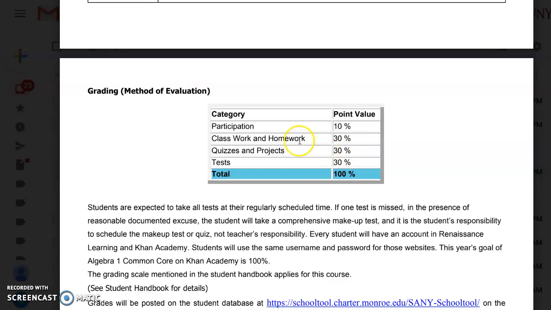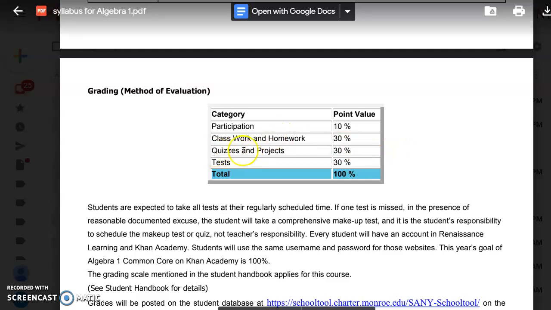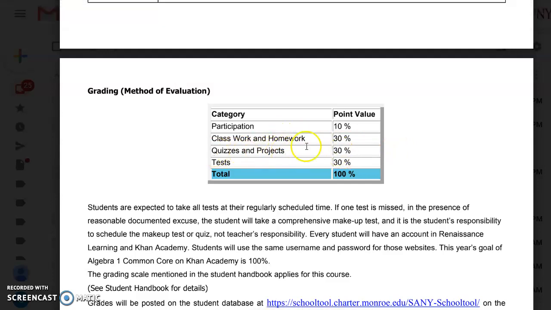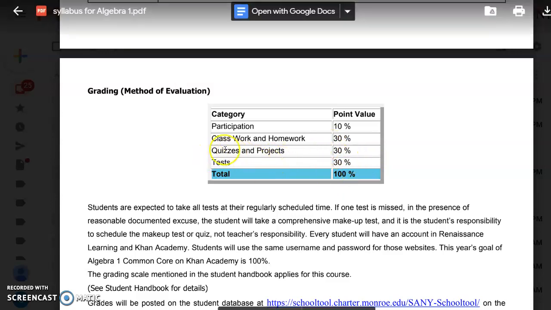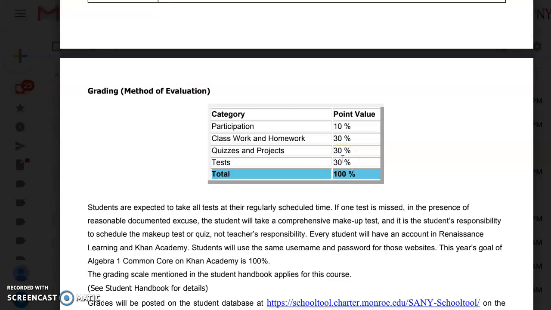Then quizzes and projects: if the teacher gives only one quiz or only one project for the semester, that's 30%. If the teacher gives three projects and three quizzes, there are six components here, so each one of those projects and quizzes becomes 30 divided by 6, which is 5%. All the quizzes and projects together make 30%. And the tests, if there are multiple tests, the combination will be 30%. You got the message, right?